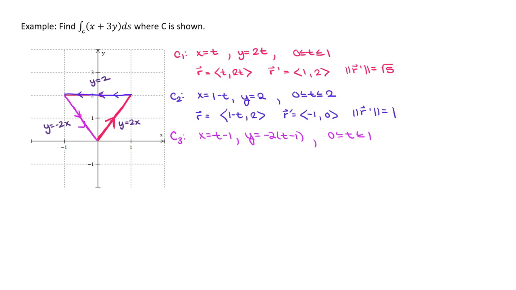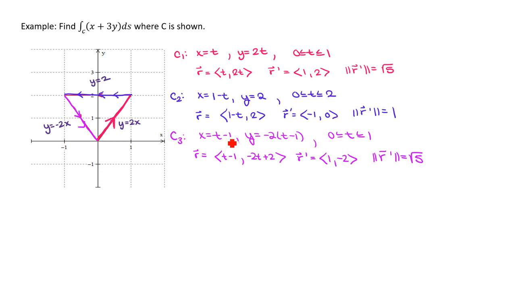And then I'm going to go through and just find magnitude of each one of these. So my second path, the one in blue, was 1 minus t, comma 2. And so my derivative, my r prime, is -1, 0. And the magnitude of that would be square root of -1 squared plus 0 squared, or just 1.